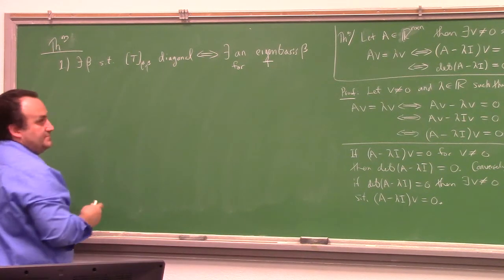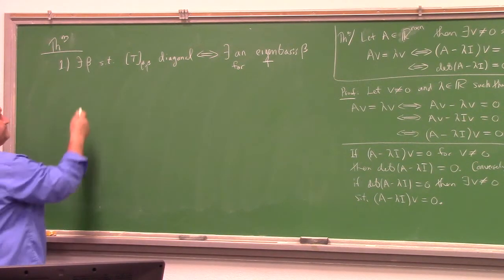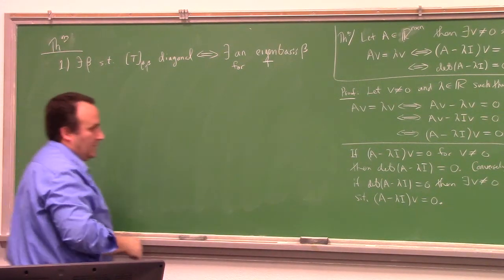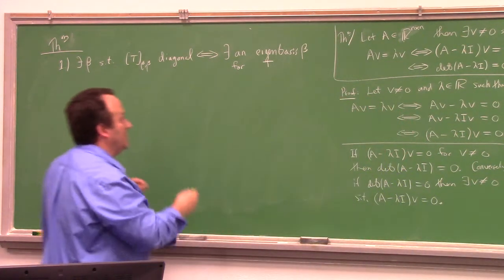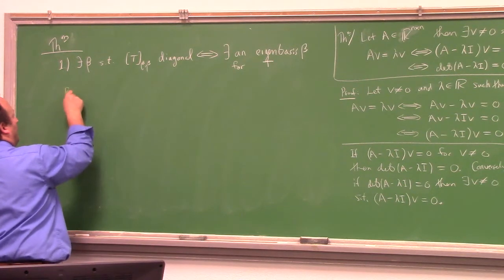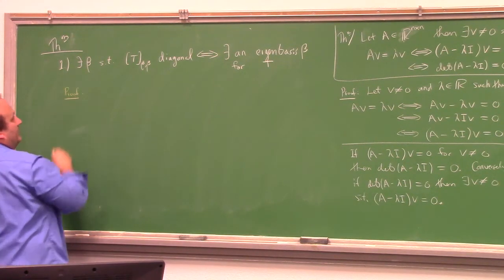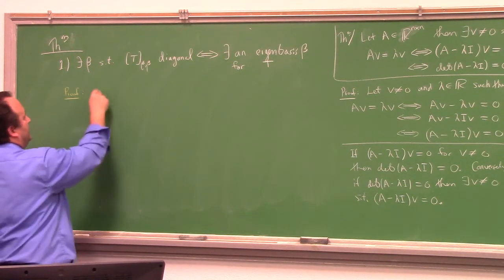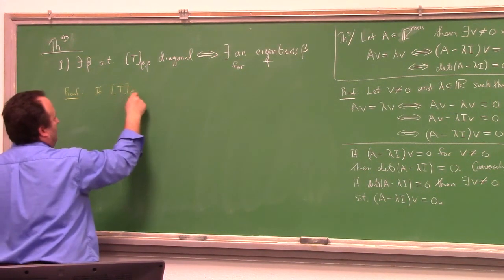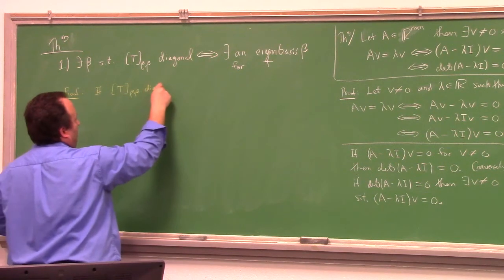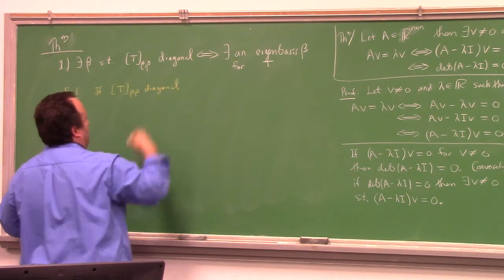The proof of this, all right? It's really not much different than the example we just went through. So if T beta beta is diagonal, what does that mean?